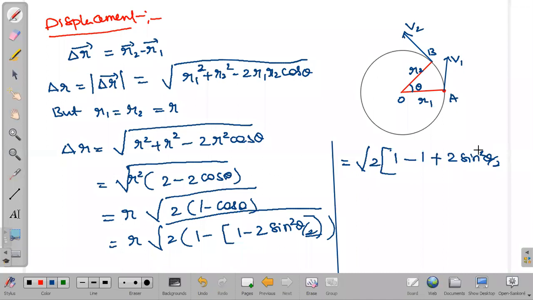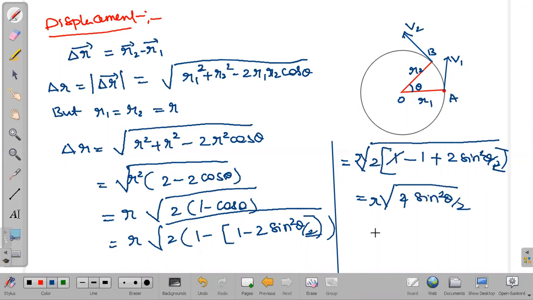Now so what we get? Outside r is there, r into 2 into 1 minus, and this 2 into this 2 will cancel out, it will become 4. Now 4 sine square theta by 2 we will be getting.